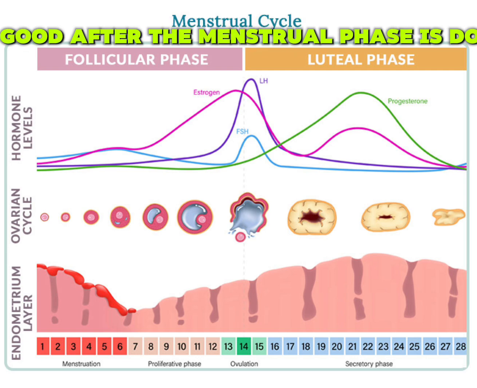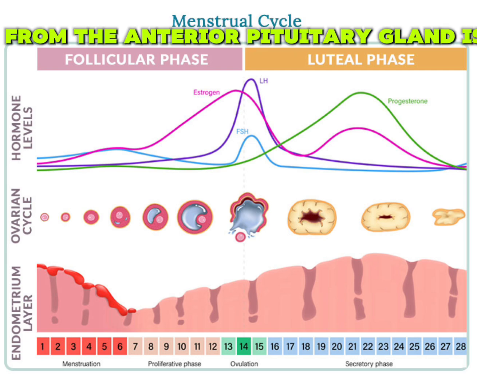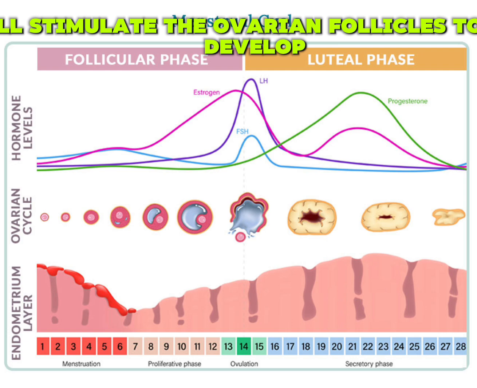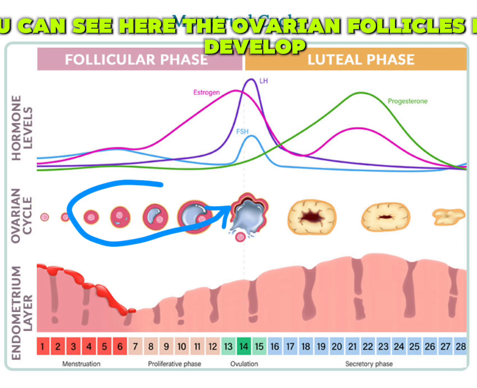Good. After the menstrual phase is done, the FSH from the anterior pituitary gland is secreted. This will stimulate the ovarian follicles to begin to develop. As you can see here, the ovarian follicles begin to develop.